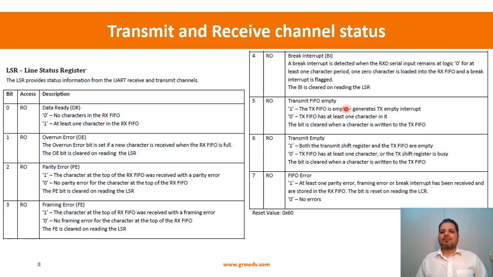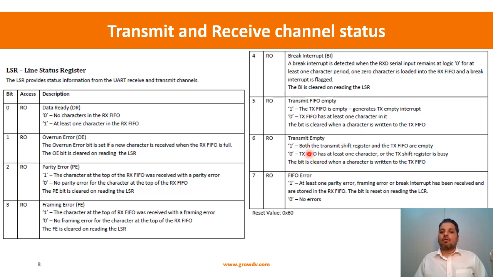And then bit 5 indicates the transmit FIFO is empty, and the TX FIFO empty generates the TX empty interrupt, which means that now you can write more characters to it. You can keep writing until it becomes full, and then you wait for the transmit FIFO to become empty. And then there is transmit empty.